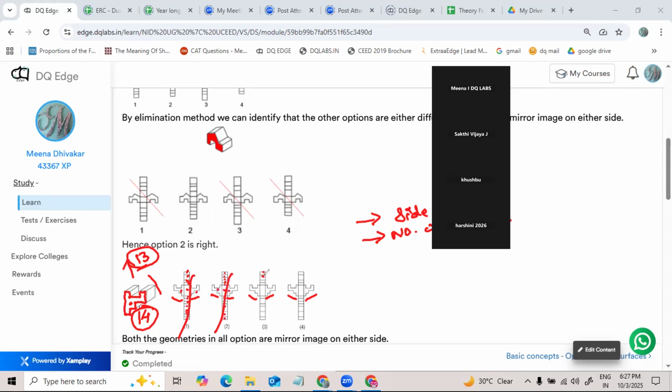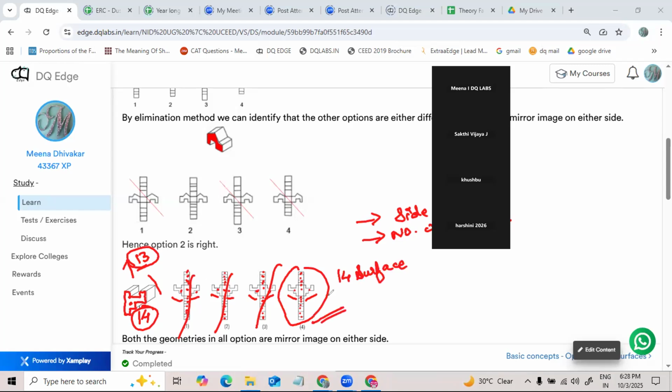This one has 13, ruled out. This one has 14. So only this option has 14 surfaces. I can conclude this is my answer.